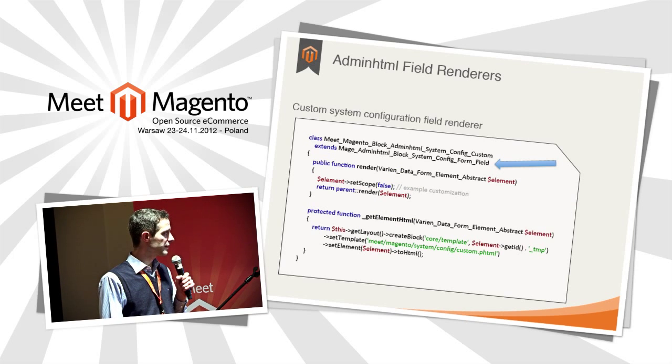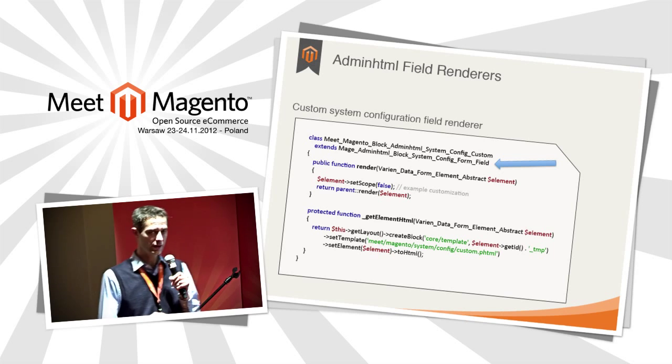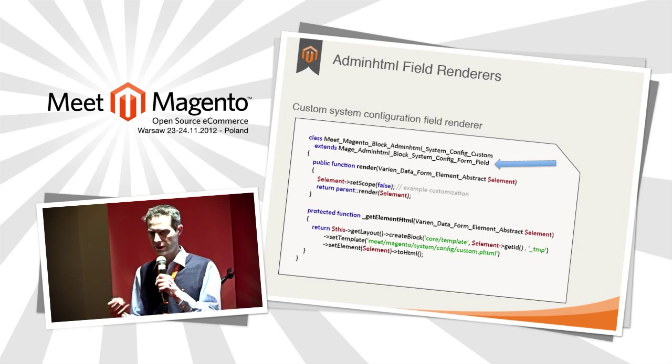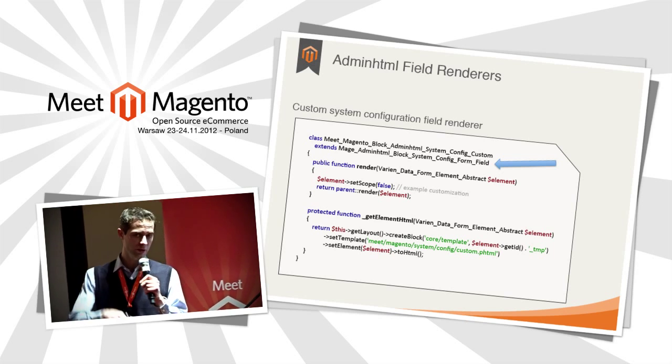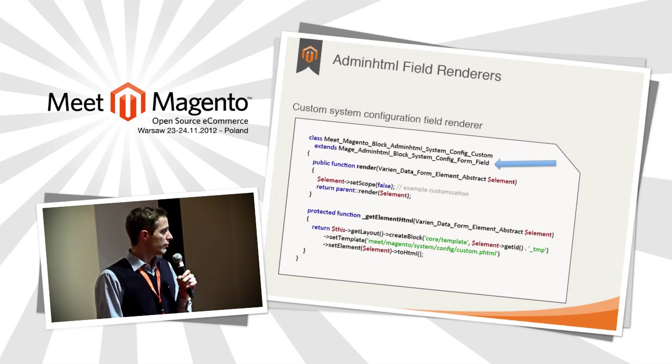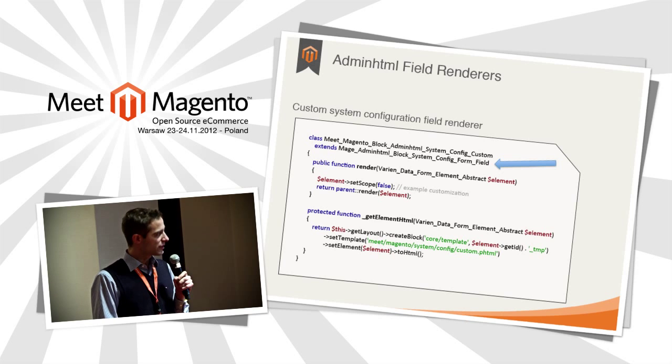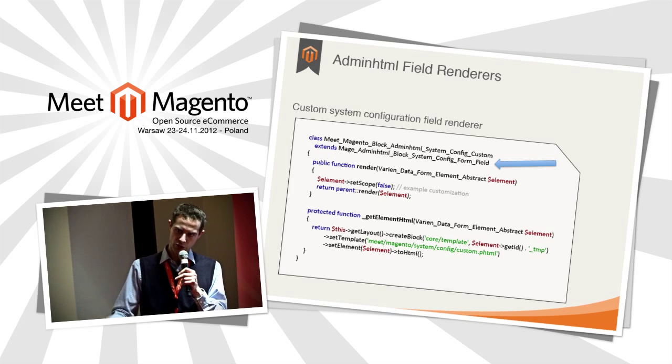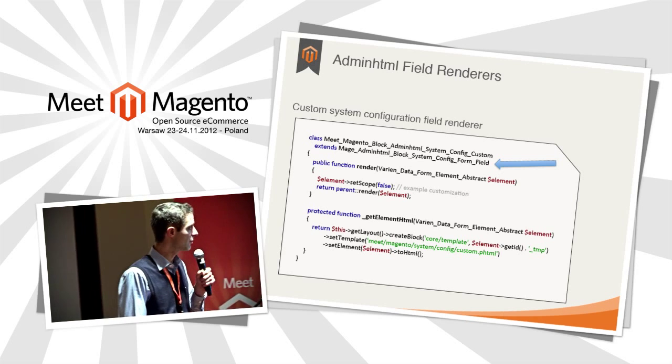So you just specify it there. Afterwards, you just implement it. I usually tend to extend the regular admin HTML field renderer because then it's less work. And the magic method here is, well, render is already implemented, but you could override it to set maybe, if you don't want any scoping to be applied or something, you can do it that way.